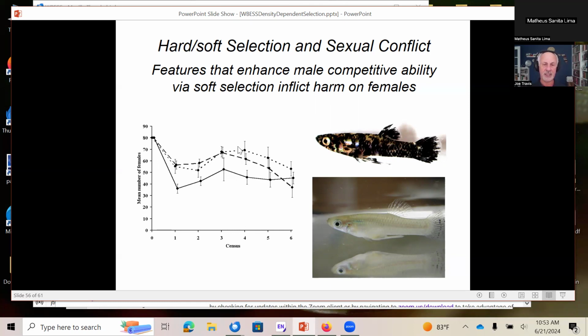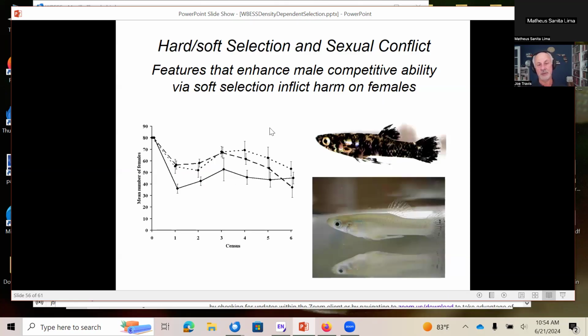Than it is in the two dashed lines, which are two sets of experimental populations with a low frequency of melanic males or no melanic males. The dotted line has no melanic males, the dashed some melanic males, the solid line a high frequency of melanic males. Notice that the females were decreasing here, even when the melanic males were not initially high frequency, and that's because they were increasing in frequency. This appears to be a kind of stable polymorphism, but when you have melanic males, there is a lower density of females and a lower population density.